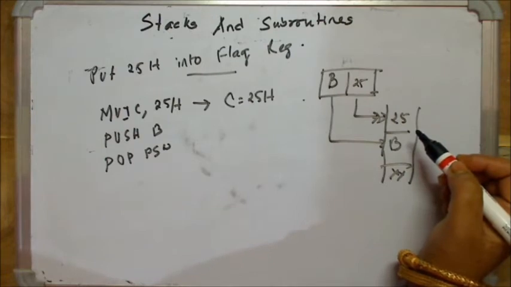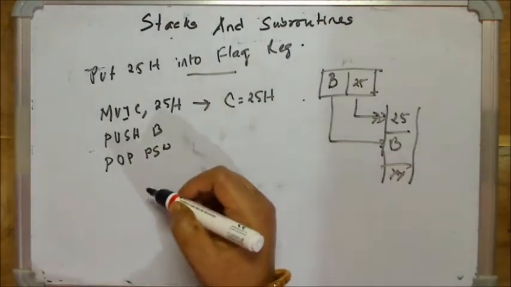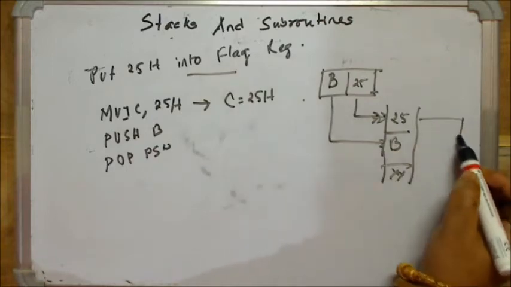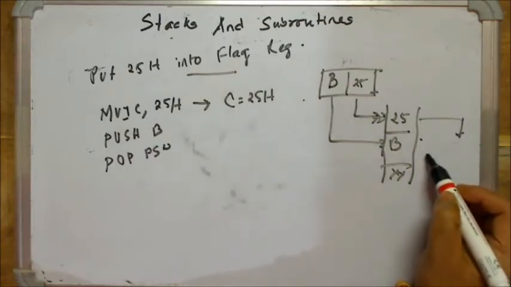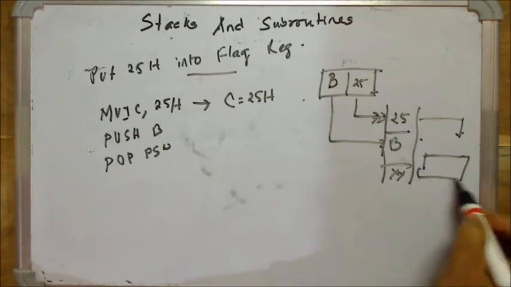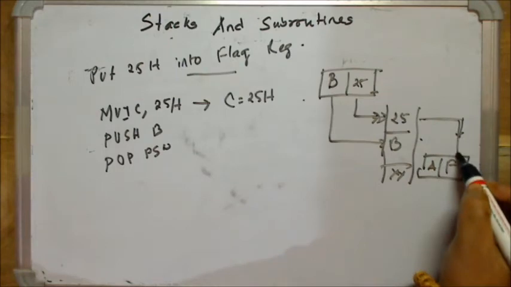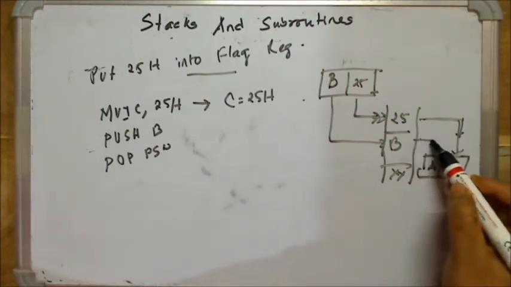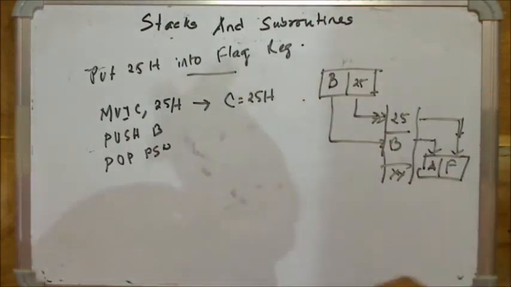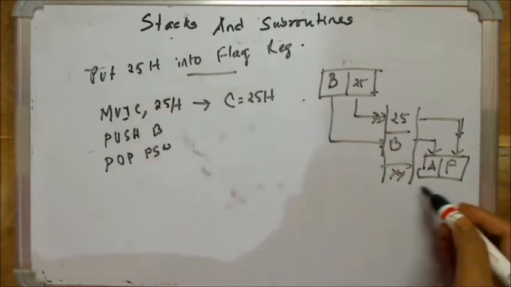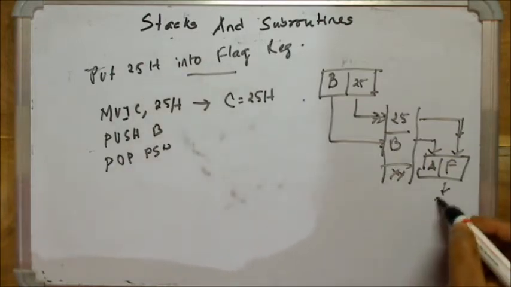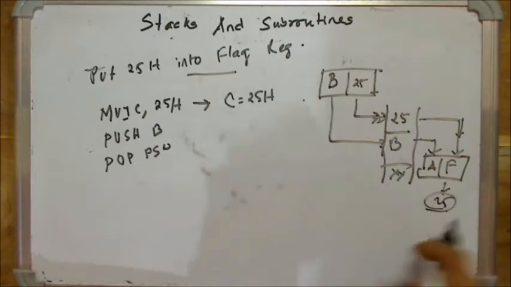Next is pop PSW. So 25H will come into the flag register. With PSW, 25H has come to the flag register and the content of B has come to the A register. So this flag register will now contain a new value, 25H.